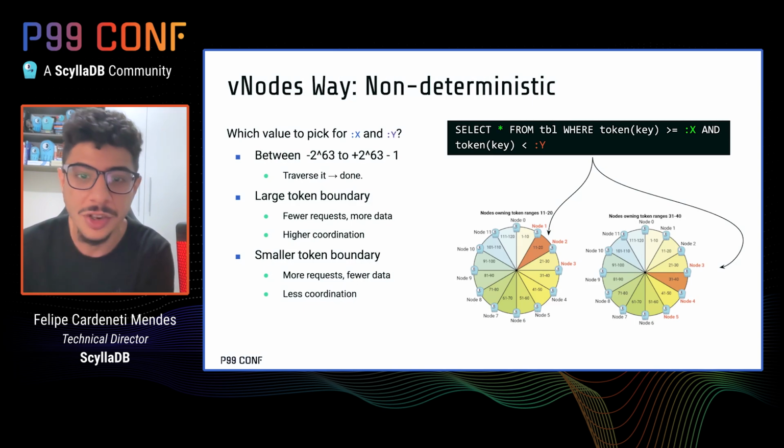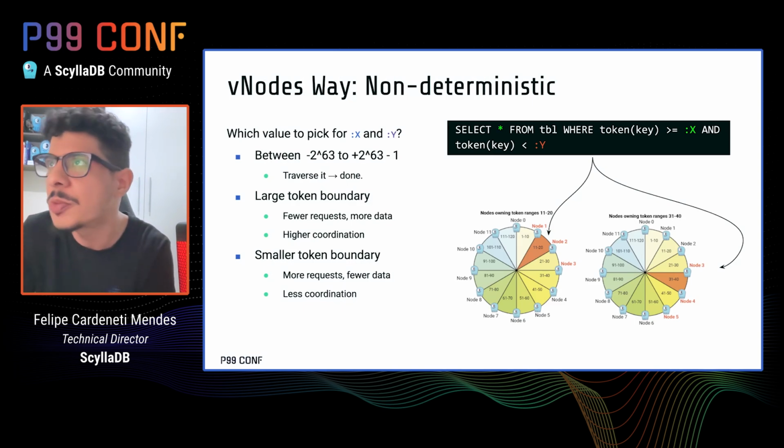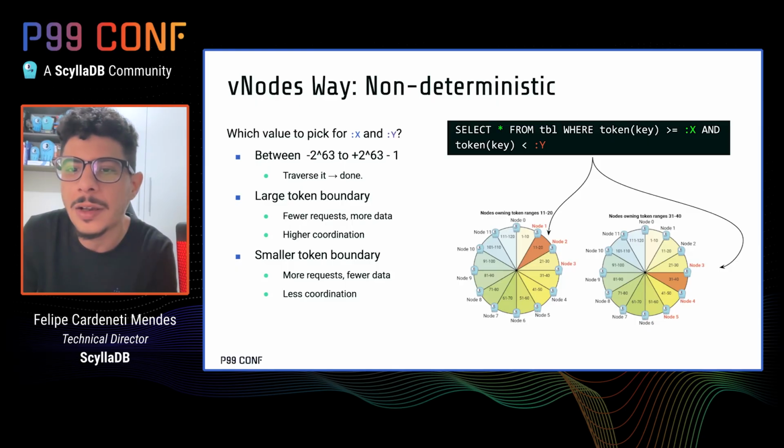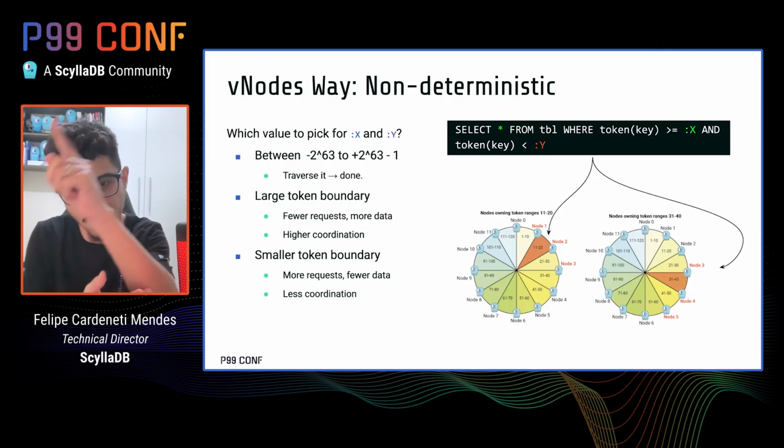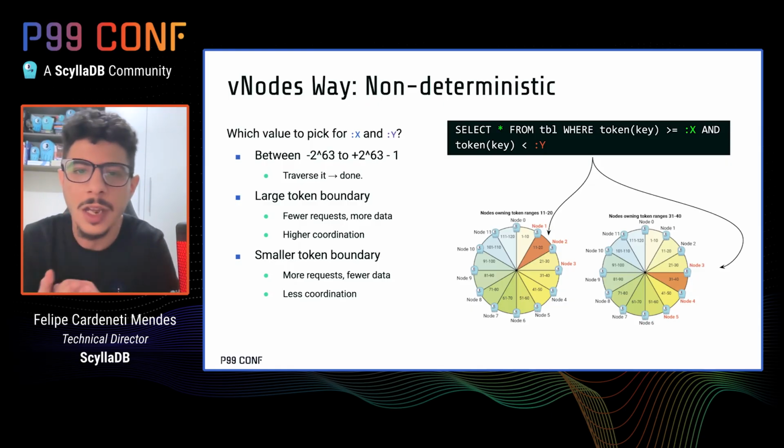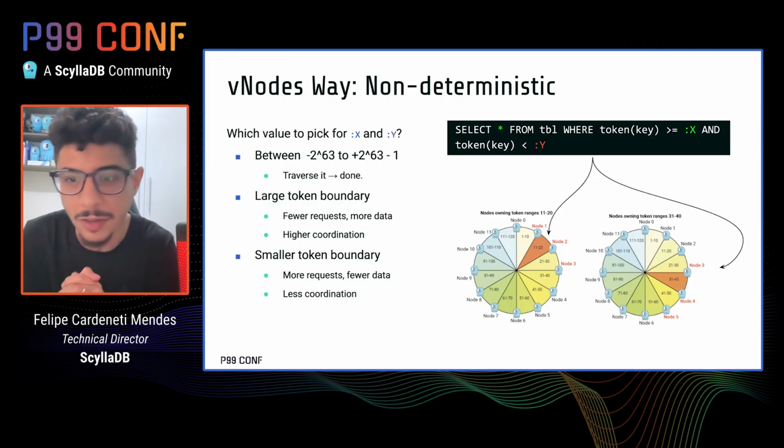We then get to the vNodes way, which in this presentation I call the non-deterministic way. In this approach, the goal is to traverse the entire token ring by using the token function.